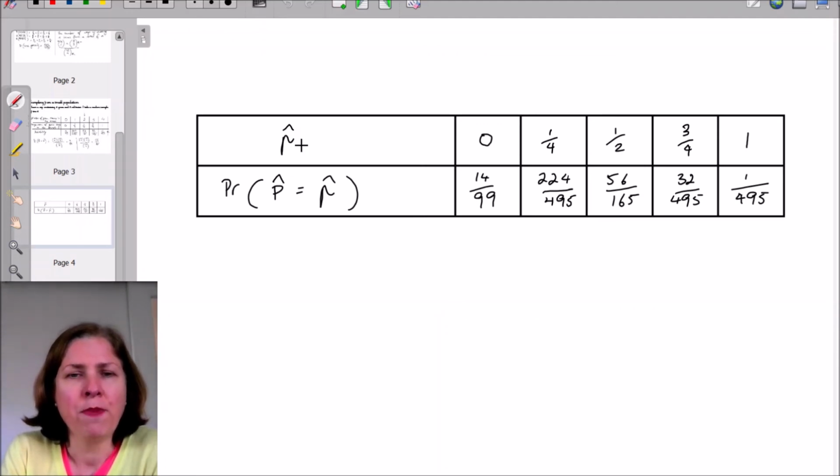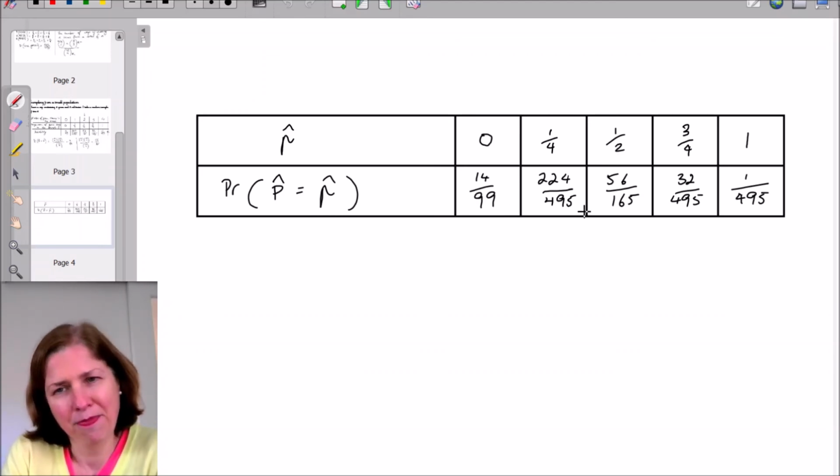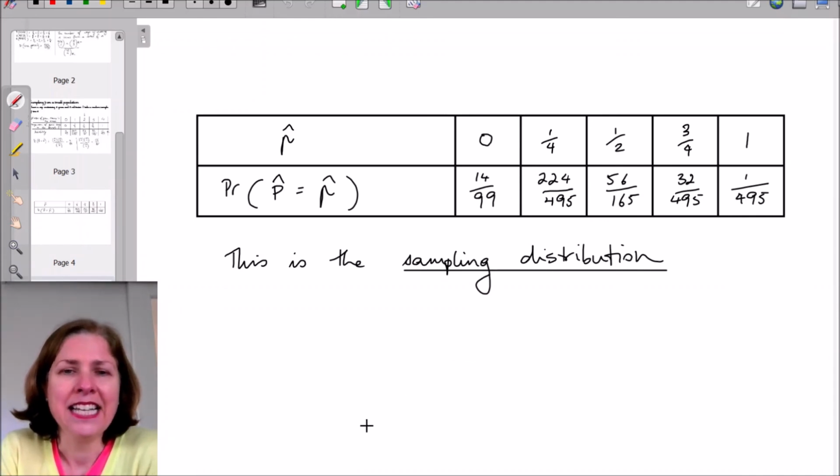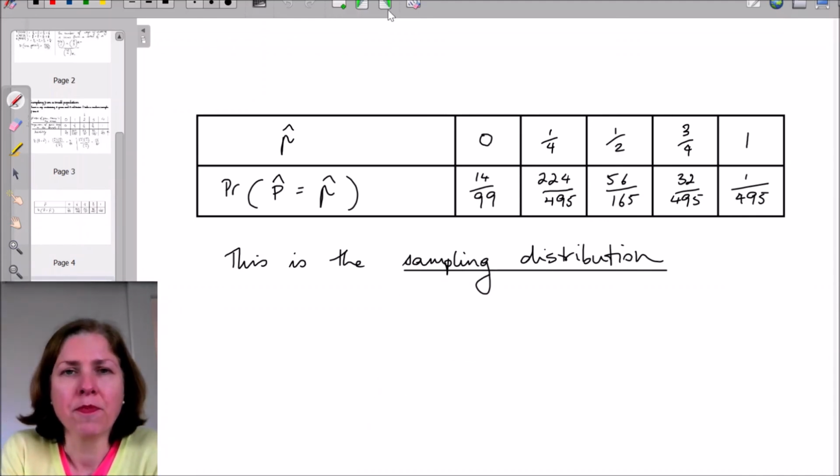The value of p hat could be 0, 1/4, 1/2, 3/4, or 1. And then I've got the probability that capital P hat equals small p hat, and these are my probabilities. So this is the sampling distribution for this particular sample that I could be taking.